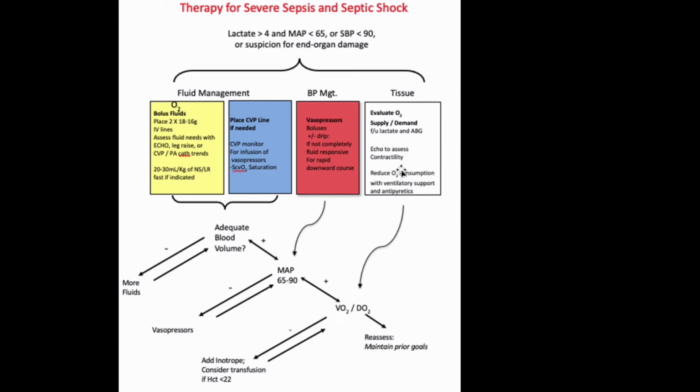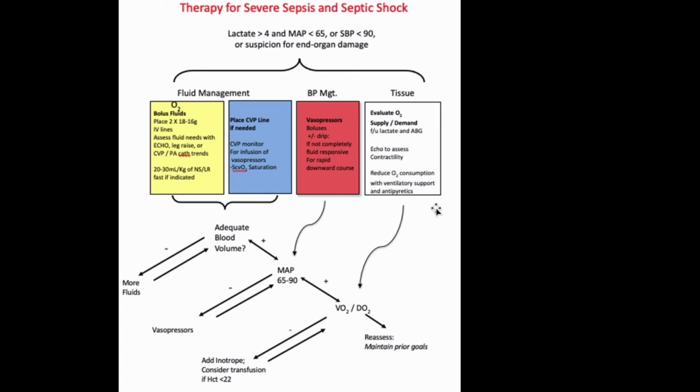And then simultaneously, you're also thinking about tissue oxygenation, or the supply-demand relationship. And so as you proceed with all these interventions, you're going to look at what your original markers for malperfusion are, whether it's physical exam, cold extremities, whether it's a lactate that's elevated, a metabolic acidosis.